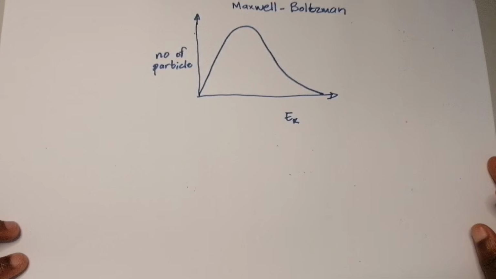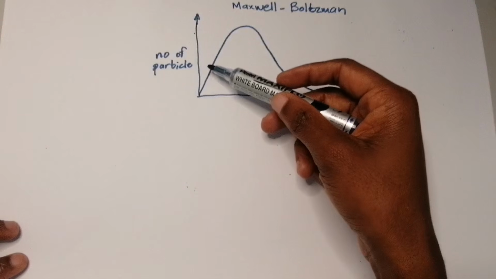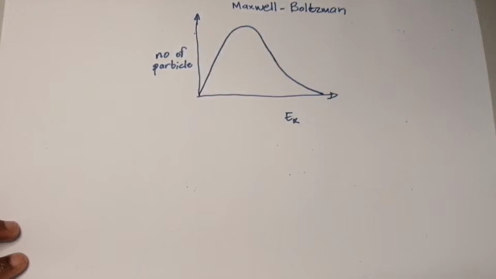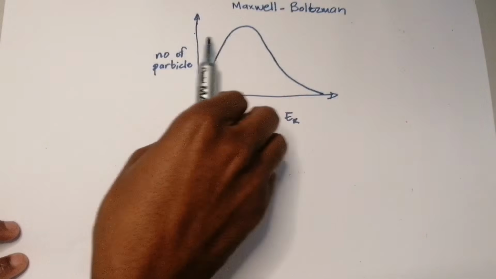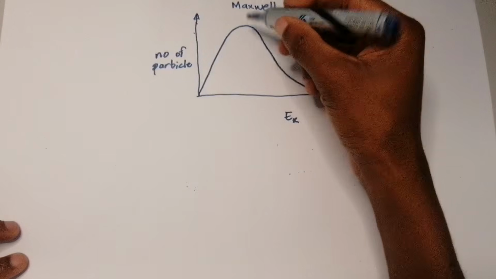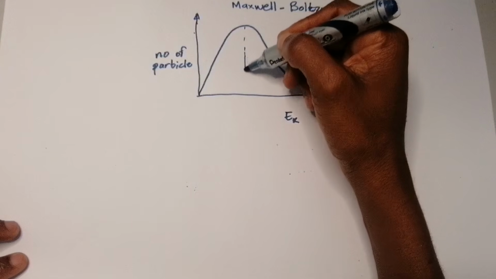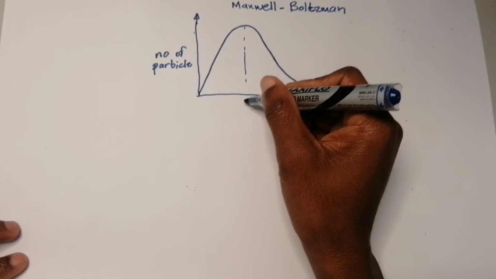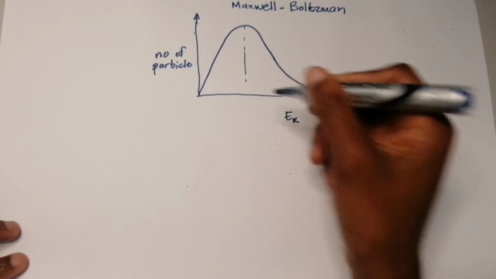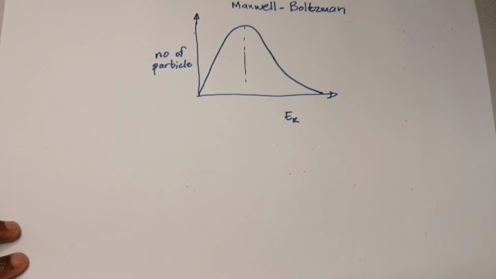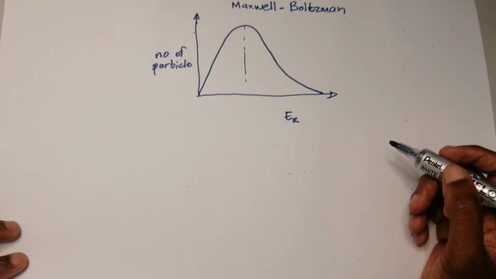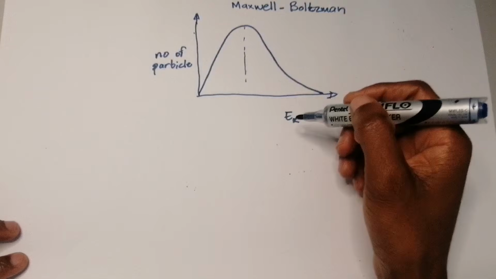But you'll find that the particles have different kinetic energies. There's less of them that have a lower kinetic energy. This one shows us the average kinetic energy, since temperature shows us the average kinetic energy.